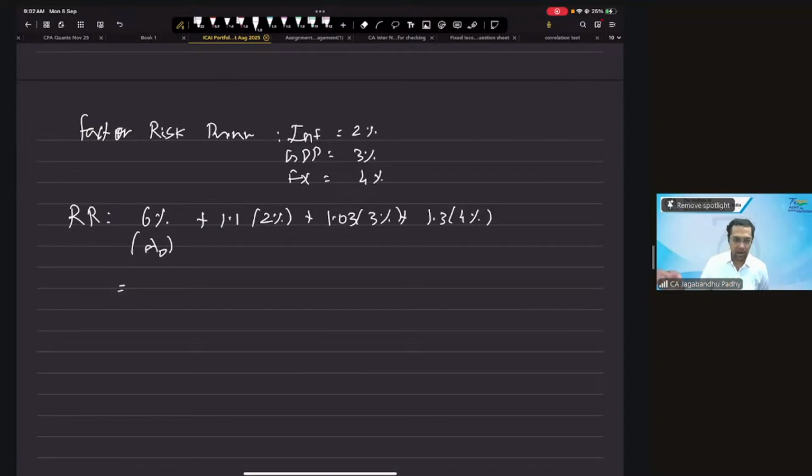If we just add up all of them, we'll get the required return. Let's check. 11.2%. Okay, so that's 11.2%, guys.